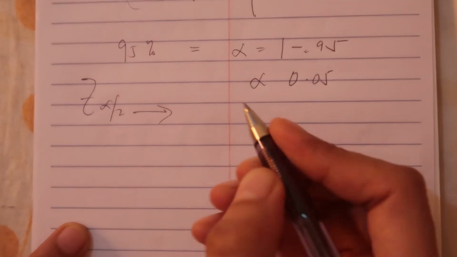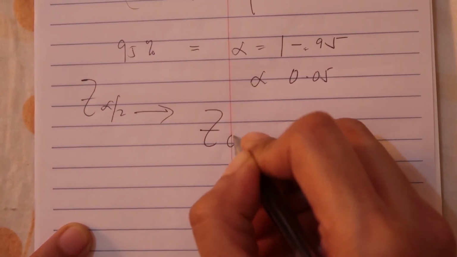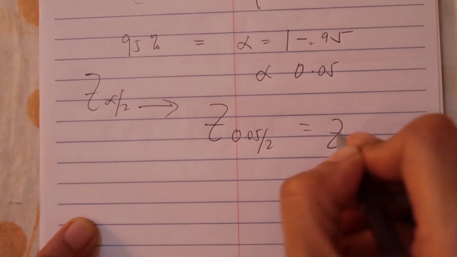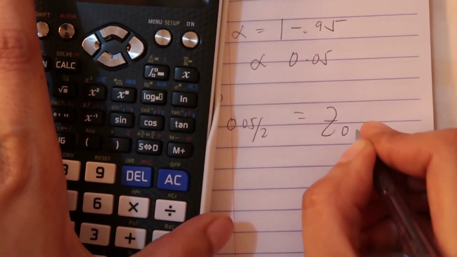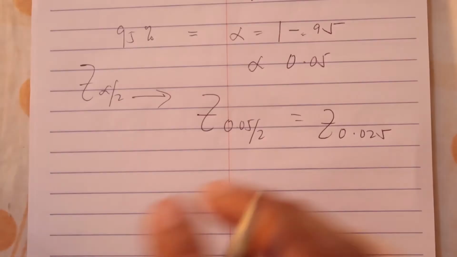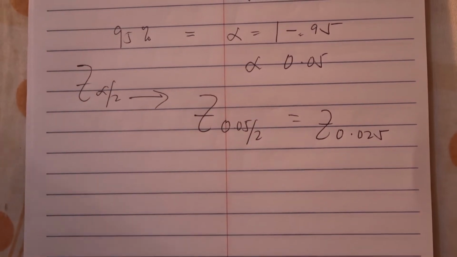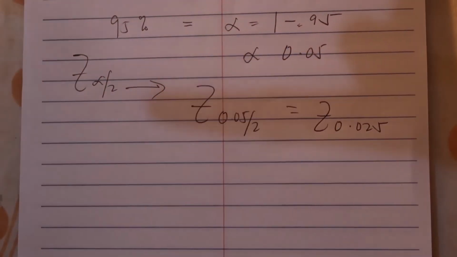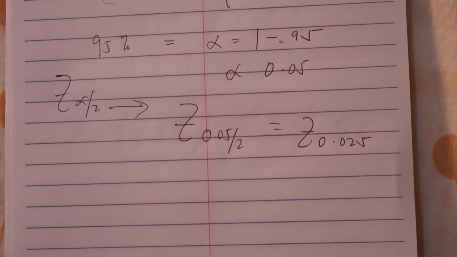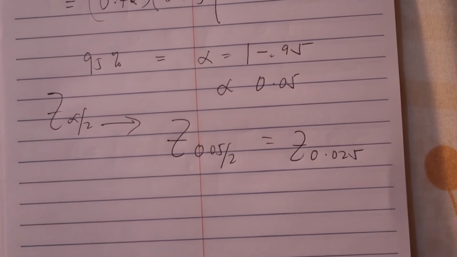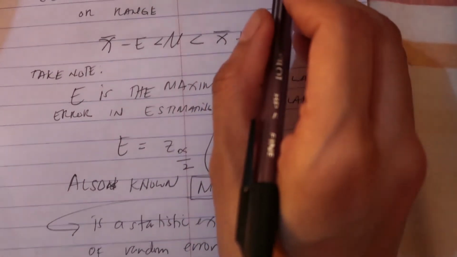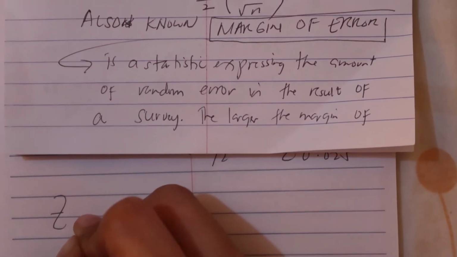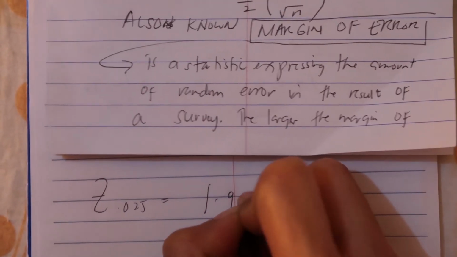So your z alpha over 2 will be z of 0.05 divided by 2, so that will be 0.025. Using the table, z 0.025 will be 1.96.